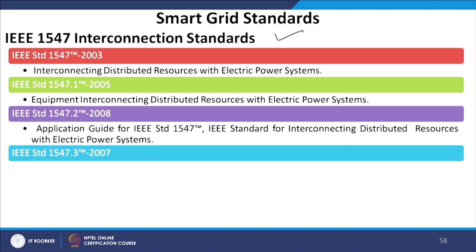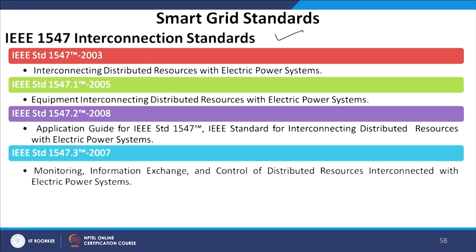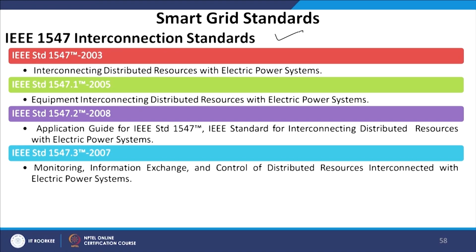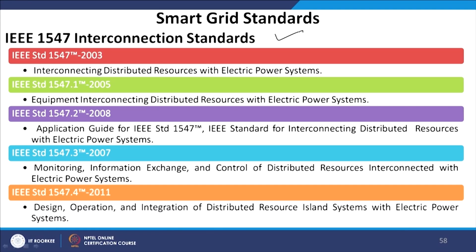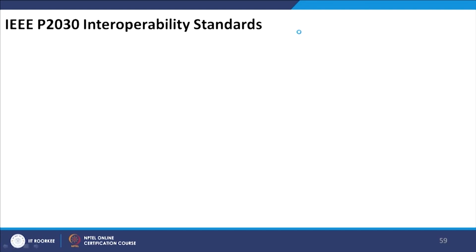The third version in 2007: monitoring, information exchange and control of distributed resources interconnected with electric power system. Then we had the fourth version in 2011: design, operation and integration of distributed resources island systems with electric power system.